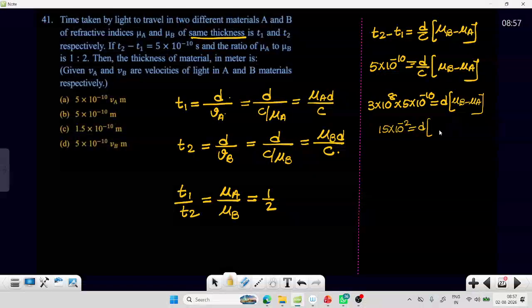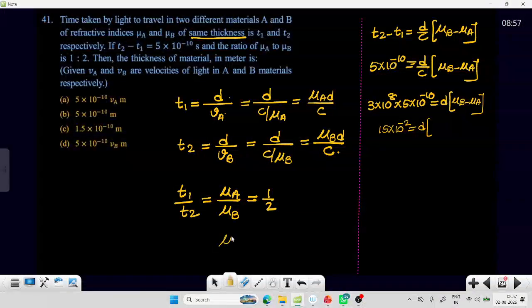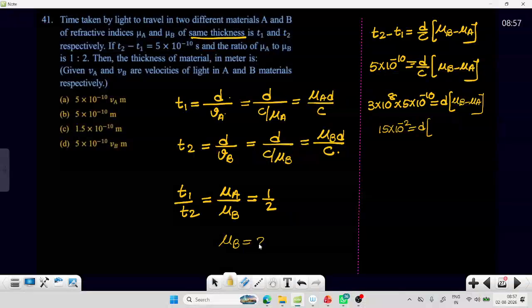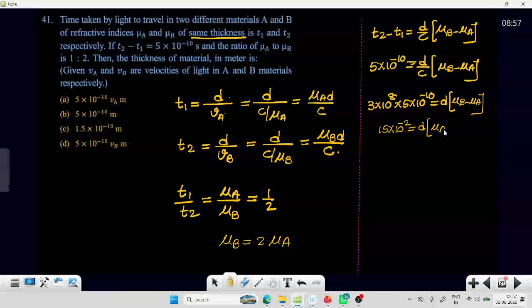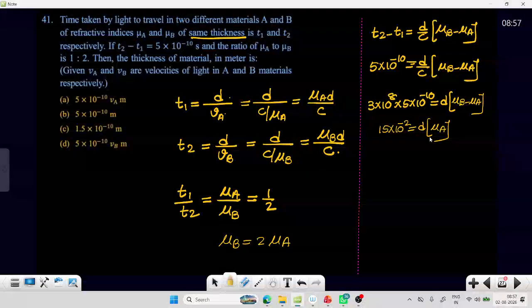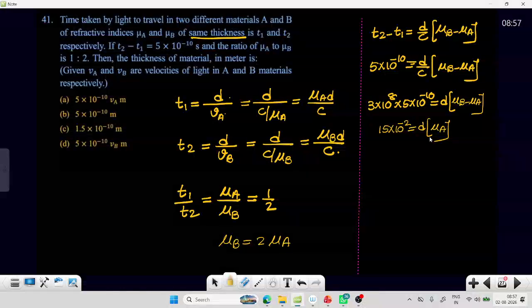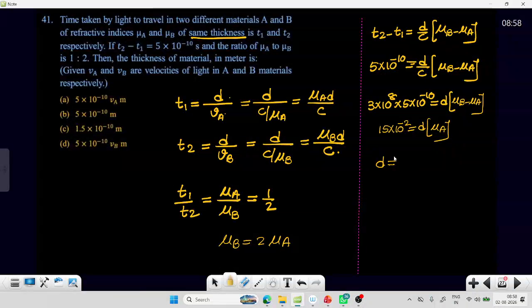So we can get the relation of mu B equal to what? Tell me now. 2 into mu A from this equation. Yes, sir, that is 2 into mu A. We can put this value 2 into mu A, that means only mu A will come. Right? So we need to get the D value. So D is equal to how much?